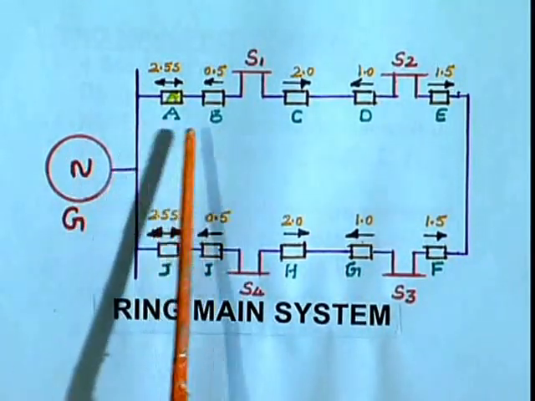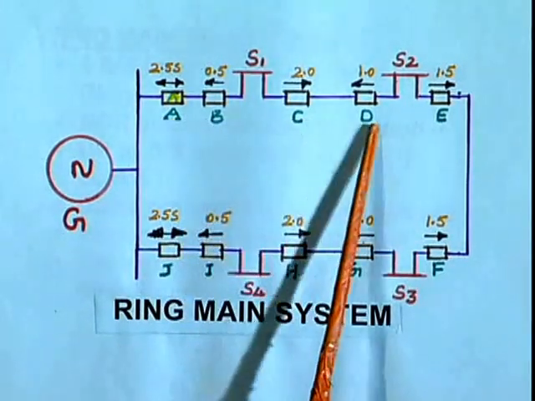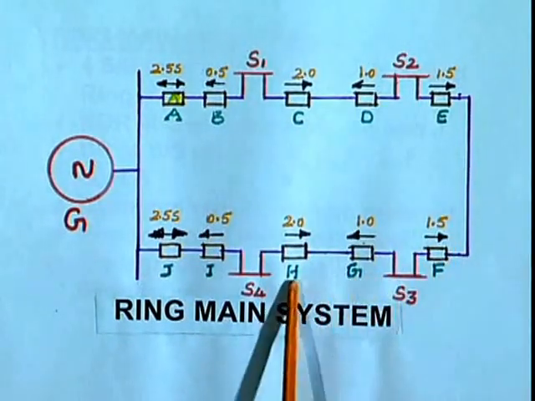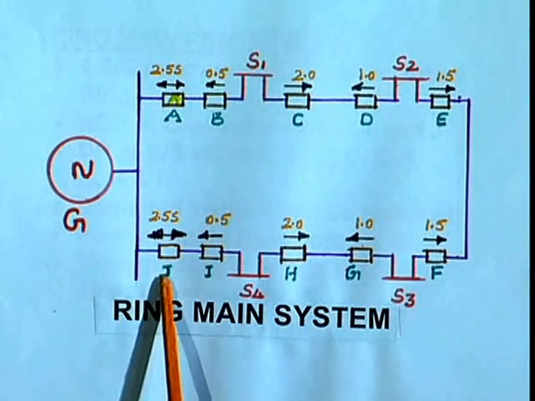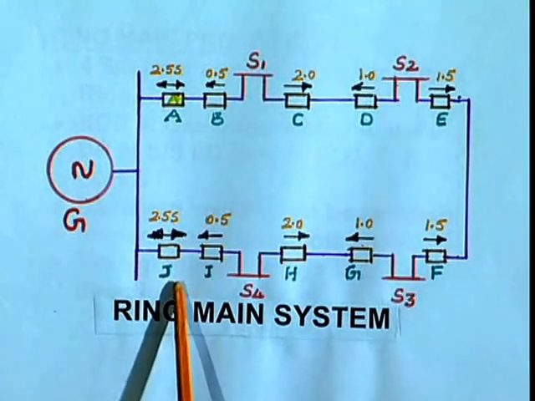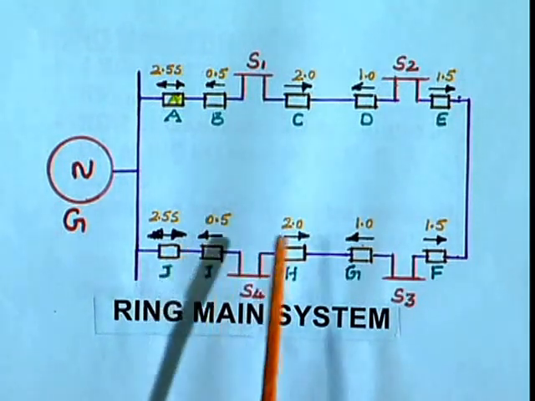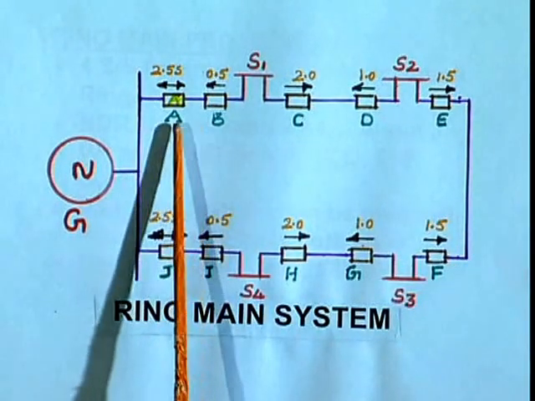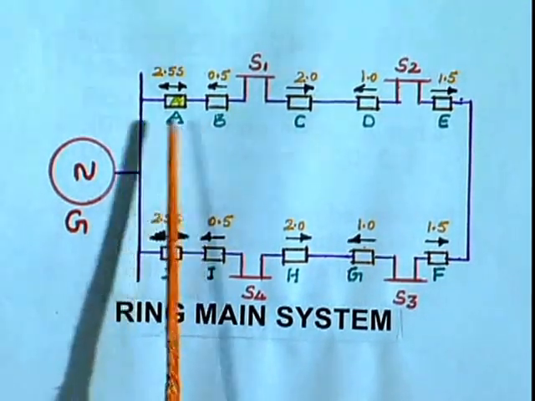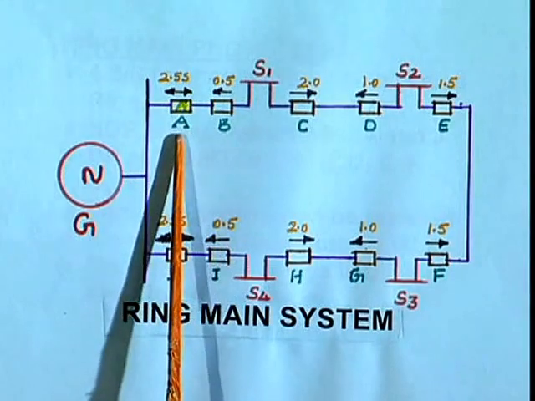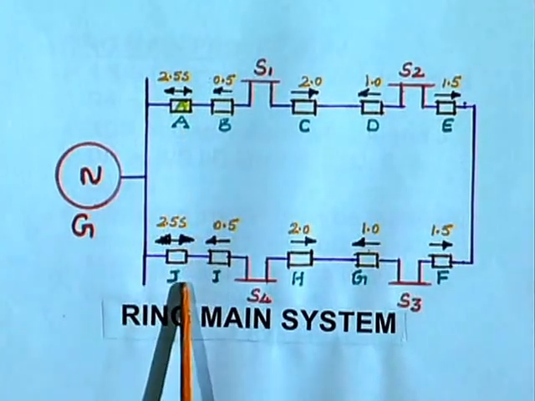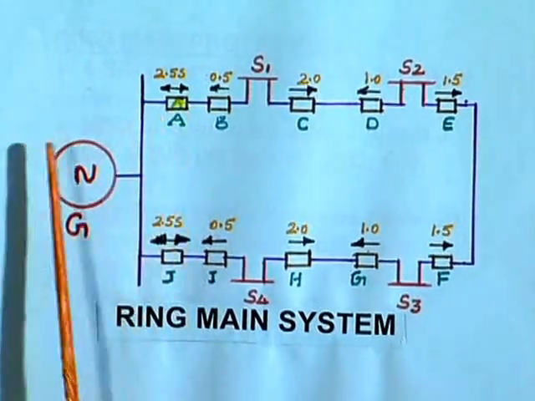Now you can see here A, B, C, D, E, F, G, H, I, J are relays interconnected with the circuit breakers. This is relay A, and this is relay B. Relay A and relay J are connected towards the source end.